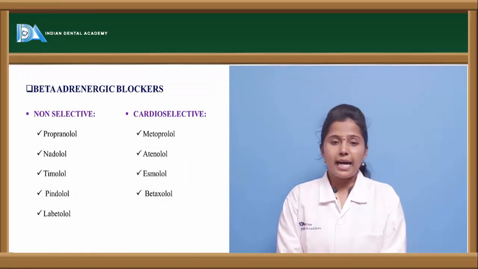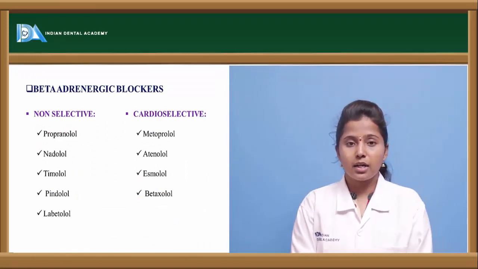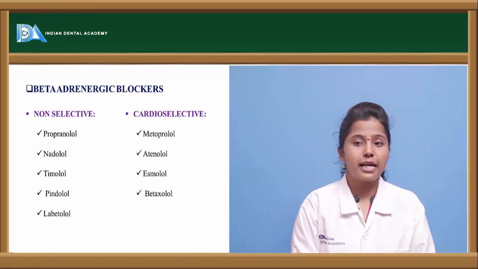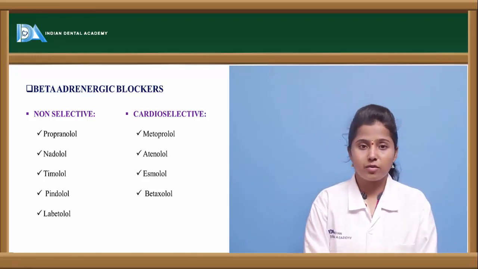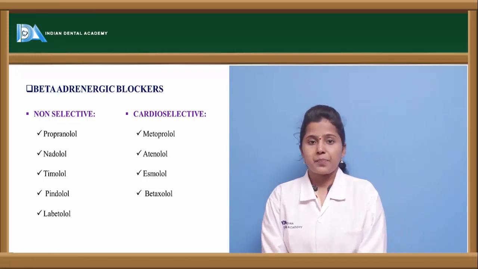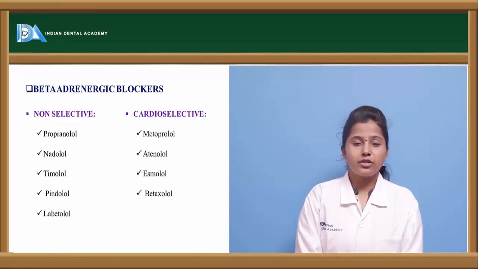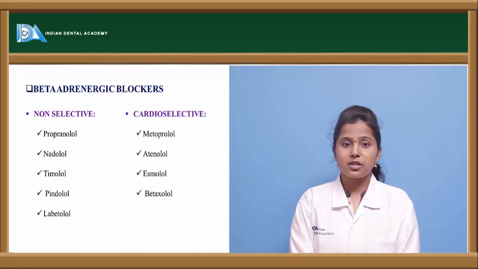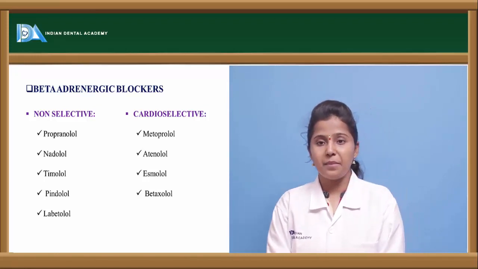Next, beta adrenergic blockers. There are two types of beta adrenergic blockers. One is non-selective and the other one is cardio-selective. Beta adrenergic receptors are of three types: beta 1, beta 2 and beta 3.